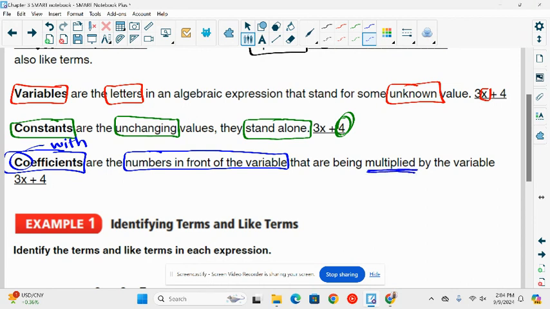Notice it just said the number in front. So which part of our expression 3x plus 4 is the coefficient? The 3. Not the x, not the 4, just the 3.